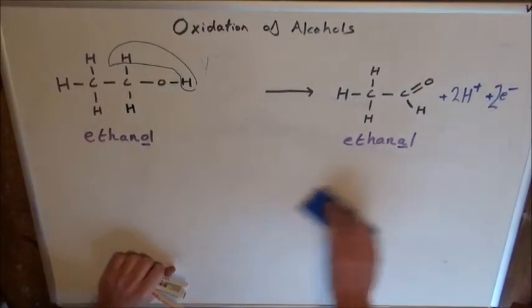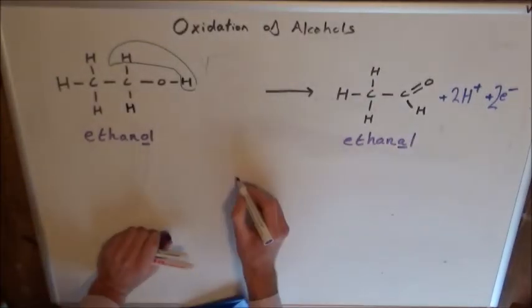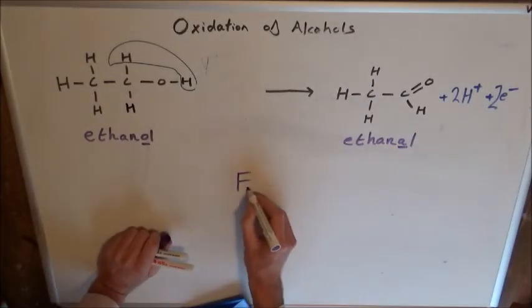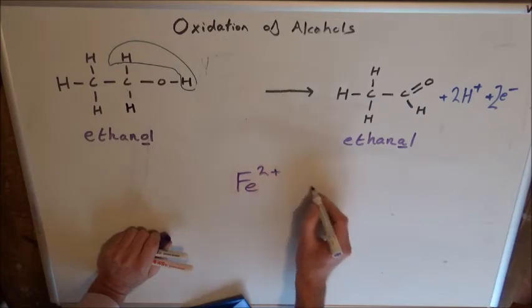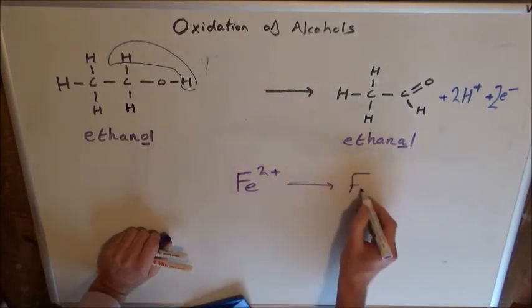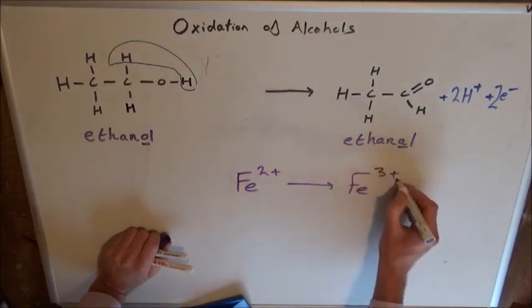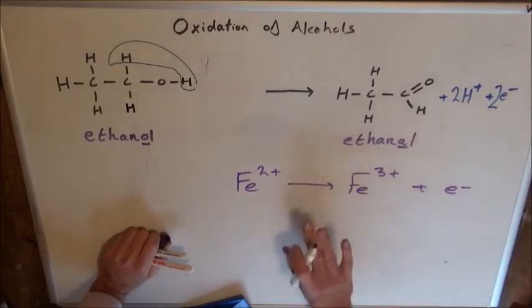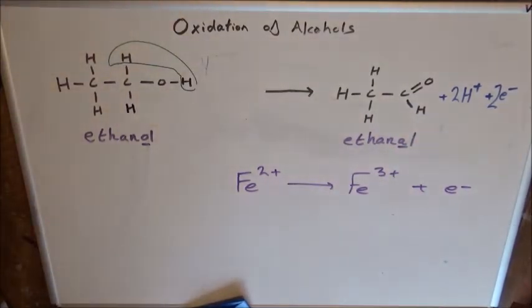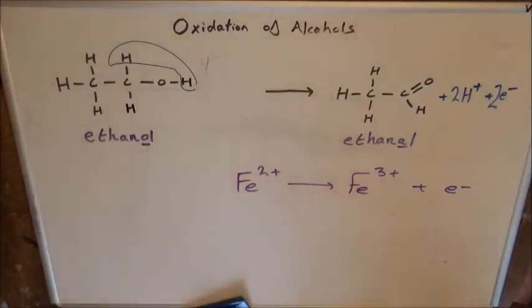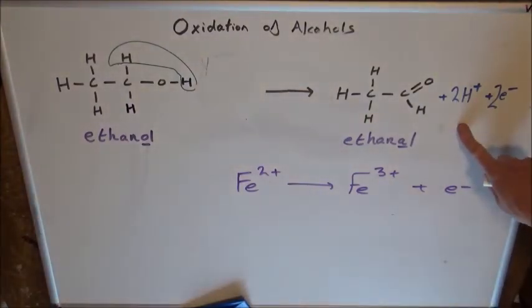So in some cases, oxidation is the loss of only electrons. So for example, if we have the iron 2 plus ion, it can lose one electron to make the Fe3 plus. And that's quite easy to see that that's loss of electrons. But in organic chemistry, you often find the electrons are accompanied by protons.